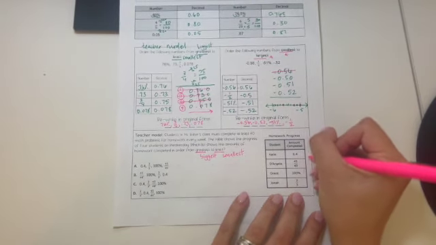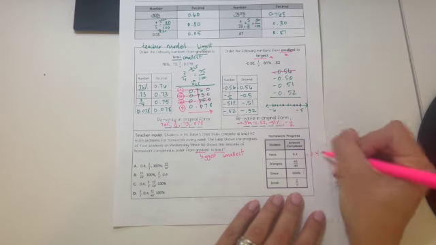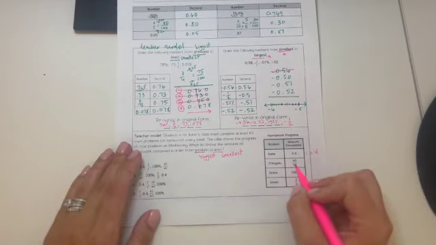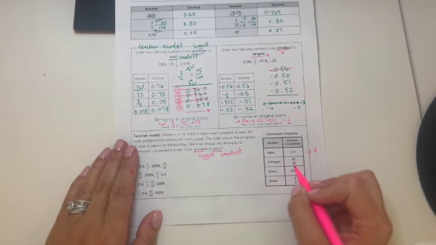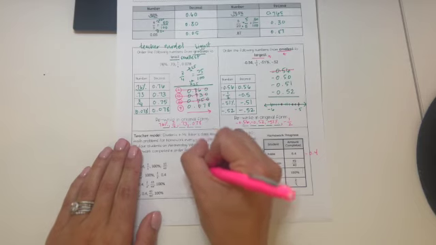So I already have a table, so I can actually just work off to the side. This one's going to stay the same, 0.4. This one is a little bit tricky because it is 45 over 40, so it's not a nice and neat fraction. So what I would likely do is simplify first.